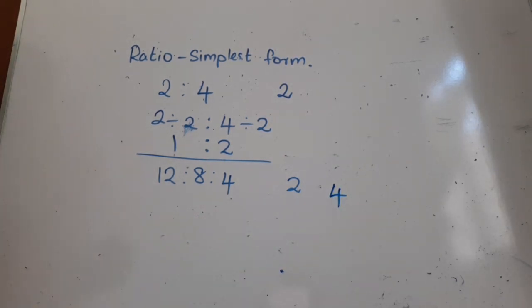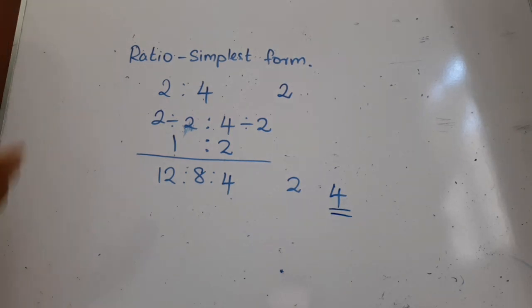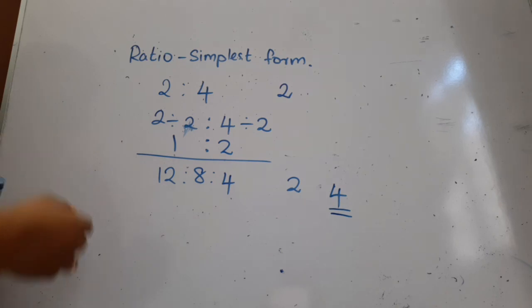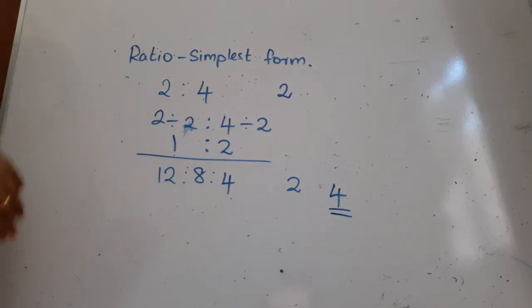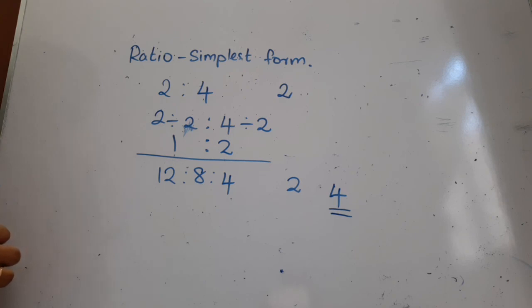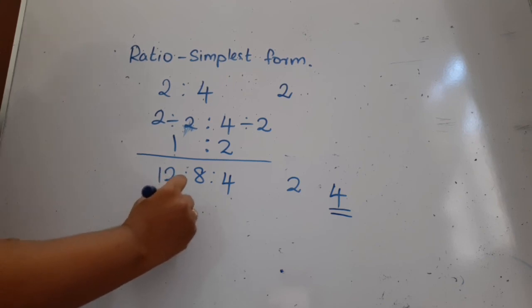But always go with the maximum value. Okay, it reduces the steps. If you divide by 2, you will have to divide again. So better if you go with the maximum number which can divide all 3 numbers. So I'll be dividing it with number 4.